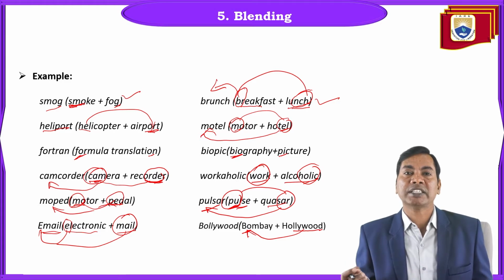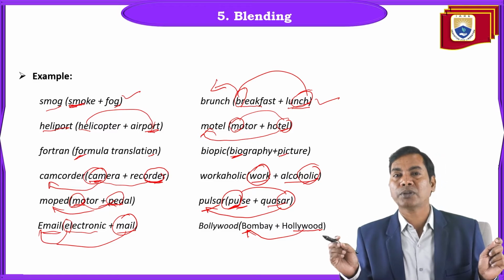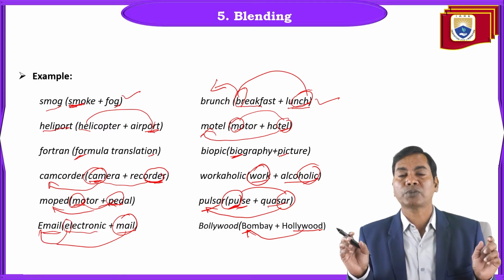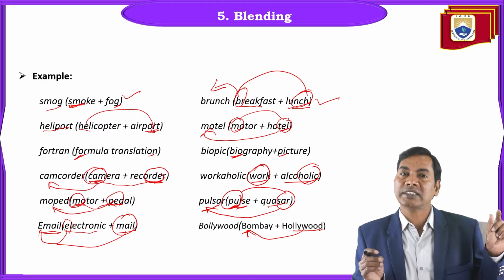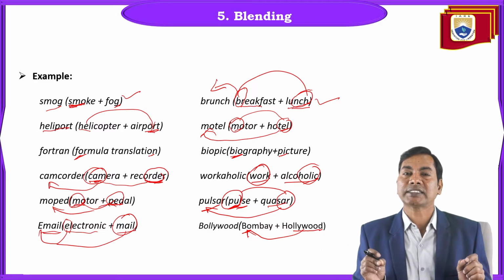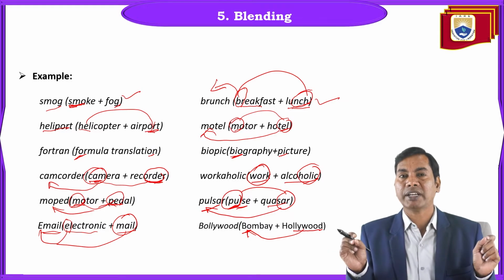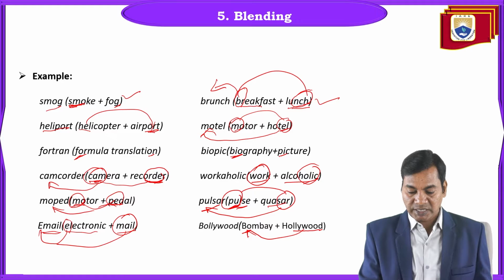That's one way. The other one is initial part from both words. No doubt we'll take two parts from two different words and combine them. In the first type, we take the initial part of one word and the ending part of another word. In the second type, the initial part of both words. We combine the initial part of both words to create new words. We have seen the example, right? Biography and pick.